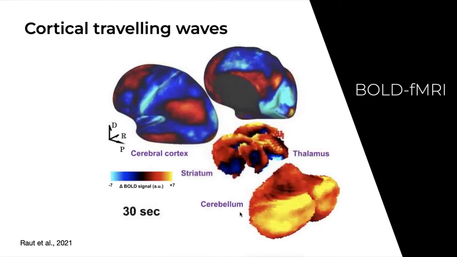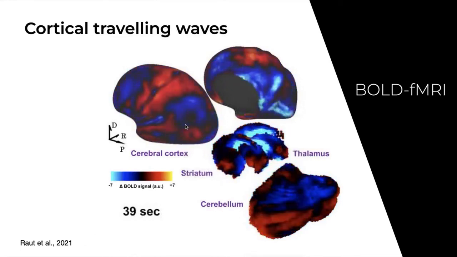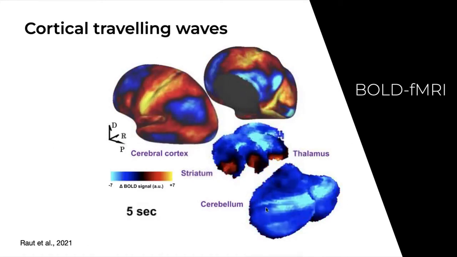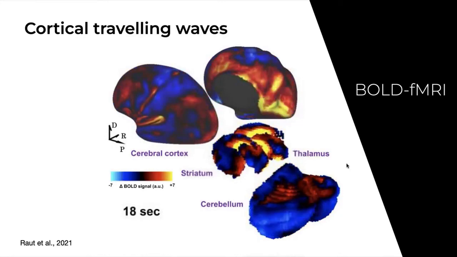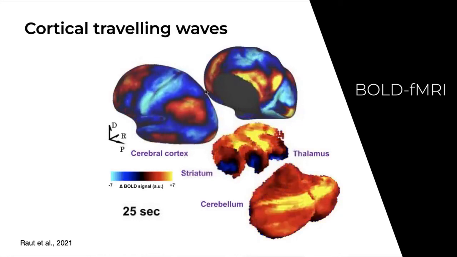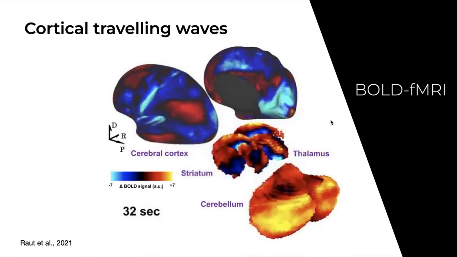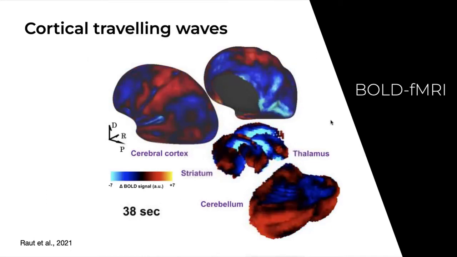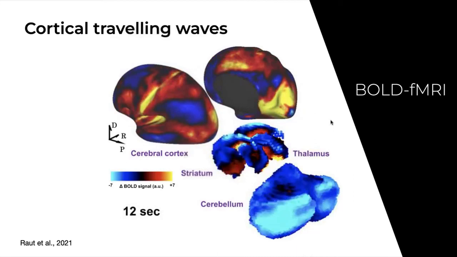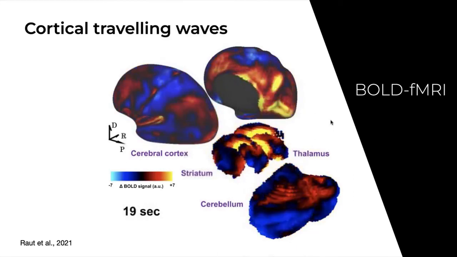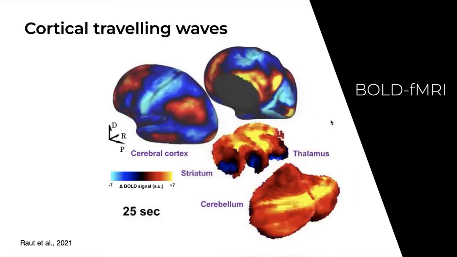The authors hypothesized that these traveling waves are the basis for the classic functional connectivity networks that we observe in fMRI research. Again, this would be a large-scale traveling wave, and also on a much slower frequency scale. These are so-called infraslow BOLD fMRI waves that are below 1 Hertz.